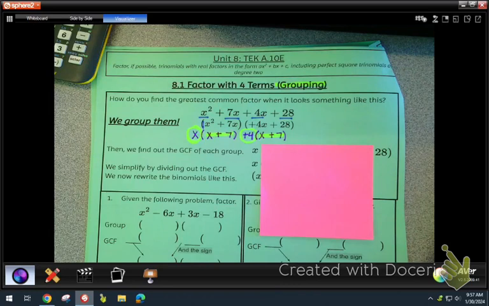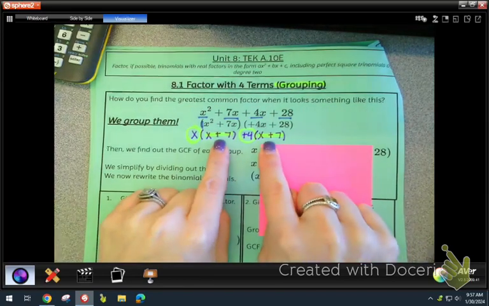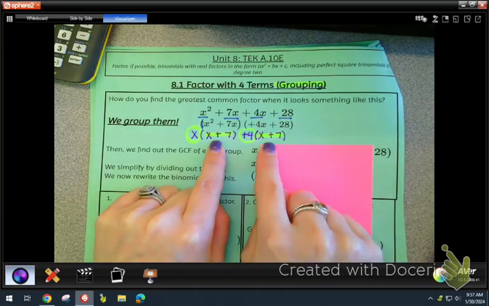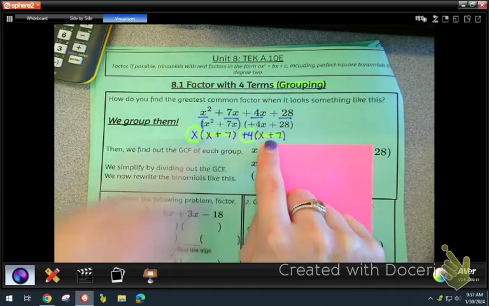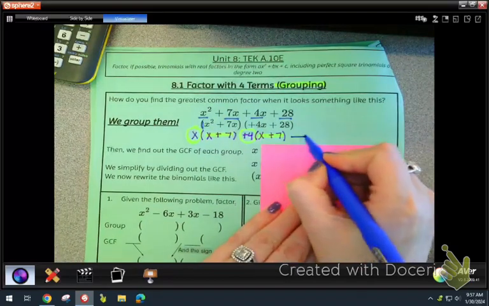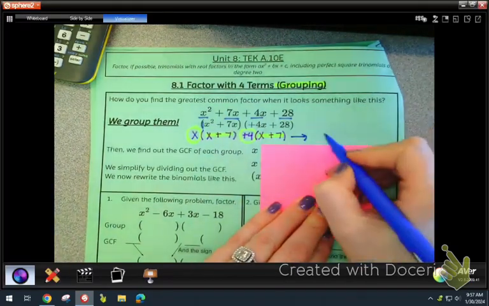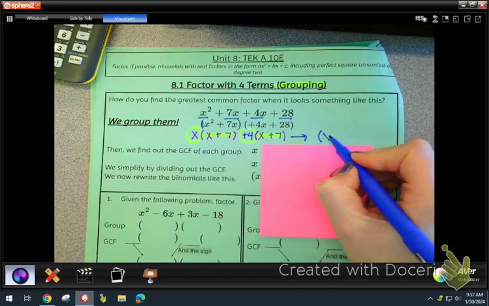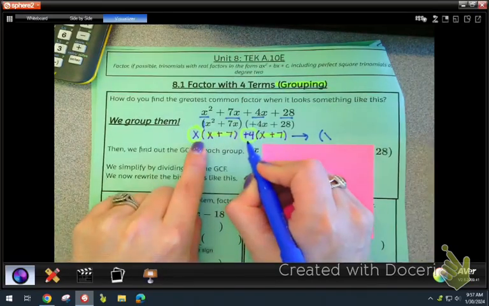Okay. Here's how we actually write this in factored form. And then I'm going to show you something even cooler. The second parentheses that matches, those should always match. If they don't match, you've made a mistake. Are you with me? Okay? So the second parentheses, I'm going to write that for my final answer. I'm going to draw an arrow over here. I'm going to write that matching parentheses, and I'm actually going to write the two that I circled, the GCFs.